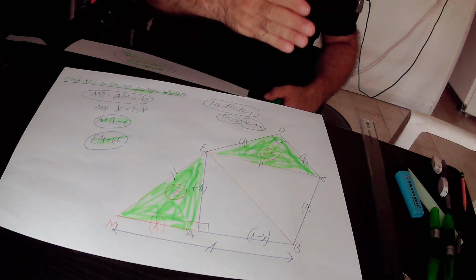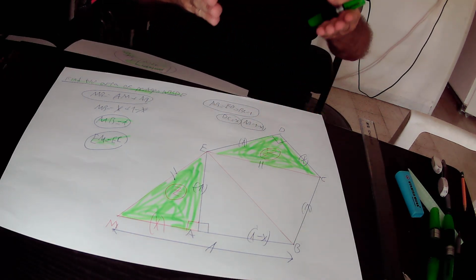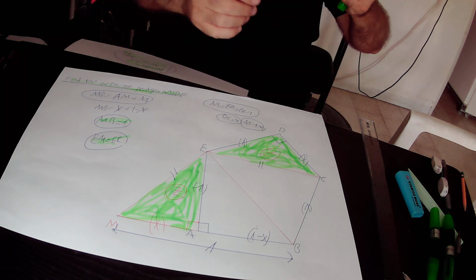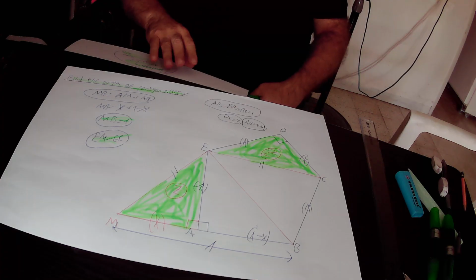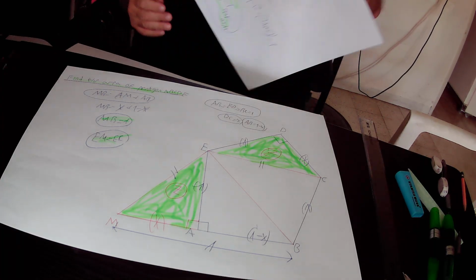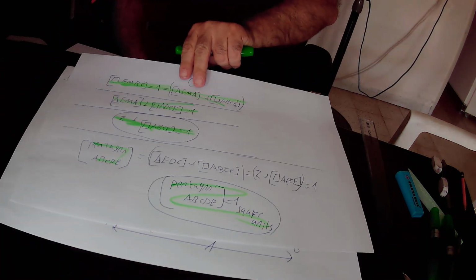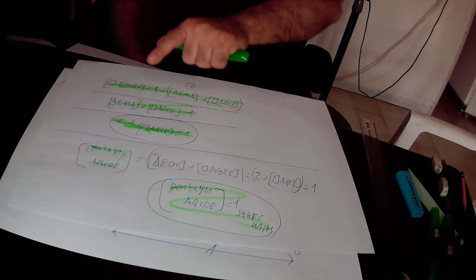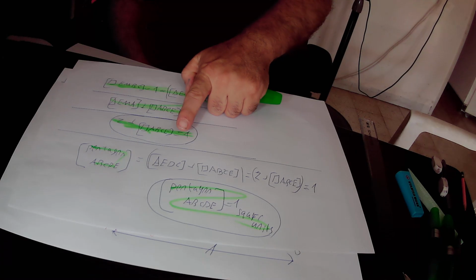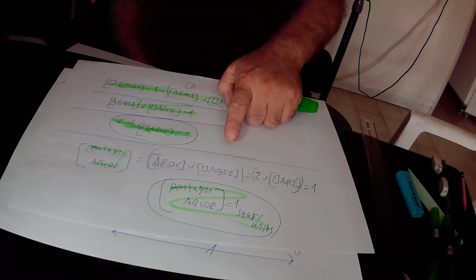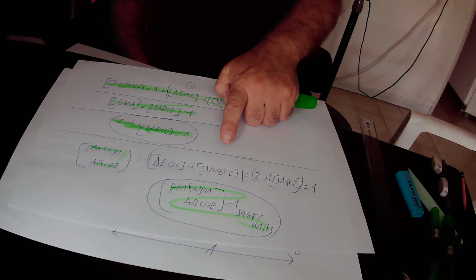Pentagon ABCDE consists of only those two shapes, and therefore its area must be equal to the sum of the areas of the two shapes that it consists of. It consists of the green triangle ADE, and it also consists of quadrangle ABCE.